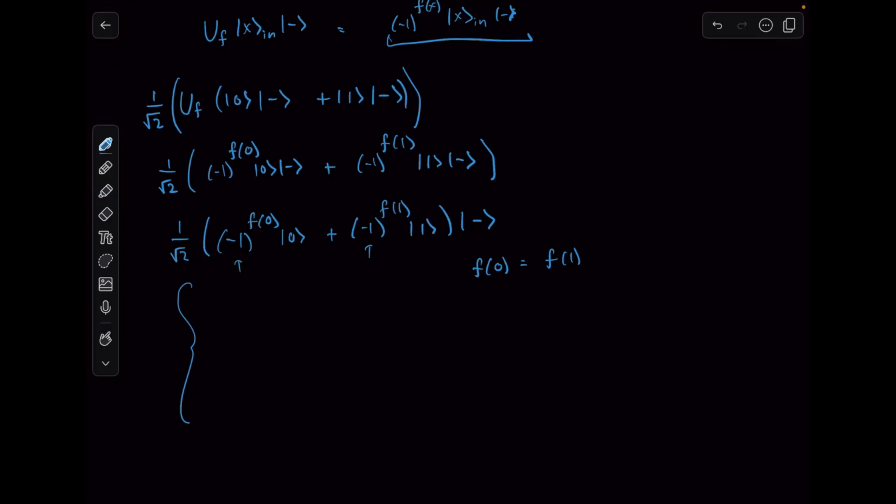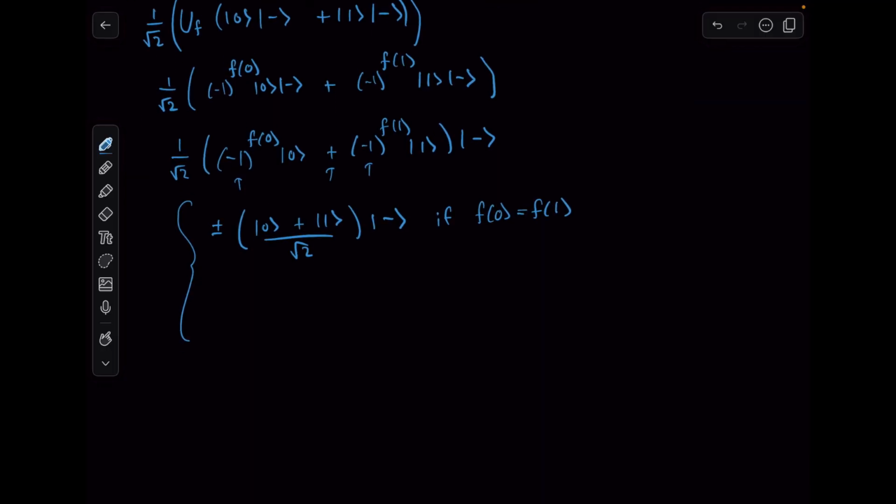So there's going to be no relative sign change between the two. There might be an overall minus sign, but we know that this will be a plus if we just pull out the minus. So we can say plus minus 0 plus 1 over the square root of 2 times this minus state, if f of 0 is equal to f of 1.